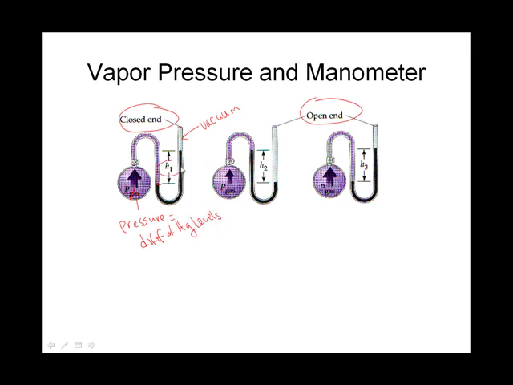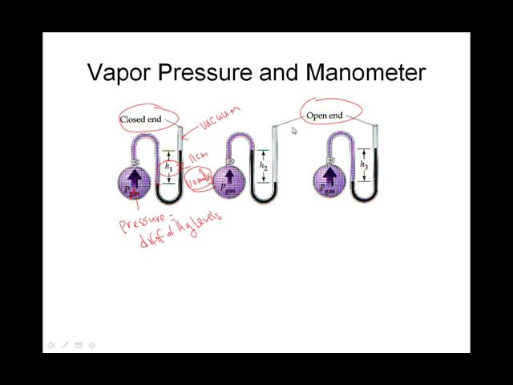Yes, so this height difference is the pressure inside. So if this were to be, let's say, about 11 centimeters, that would be the same thing as 110 millimeters of mercury, yeah? And so that will be your pressure, which you can therefore convert into kPa or atm or torr or pounds per square inch.